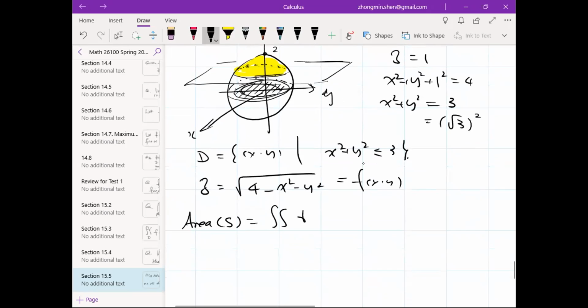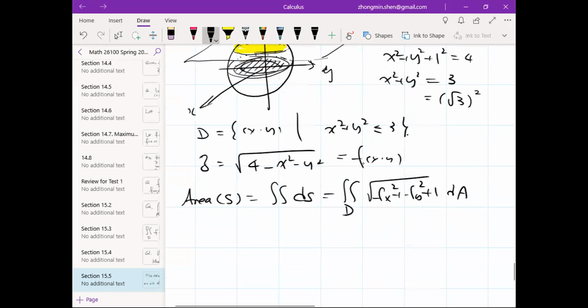It's the double integral of dS, which is the double integral over D of the square root of 1 plus f sub x squared plus f sub y squared. So you write down the formula so you know what to do next. What's the motivation to find the partial derivatives? Because I have to figure out the square root of this function, right?